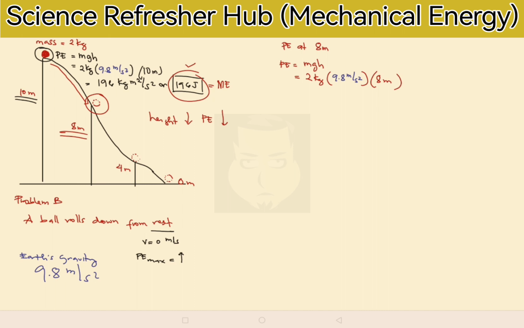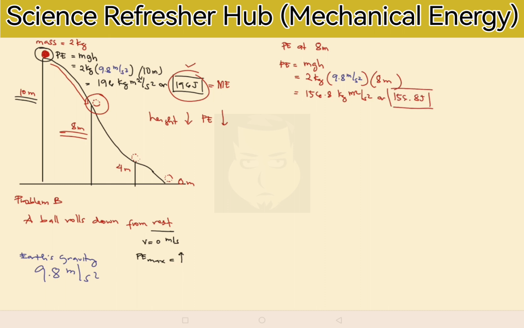Plug this stuff into your calculator. 2 times 9.8 times 8. The answer is 156.8 kilogram meter squared per second squared, or 156.8 joule.